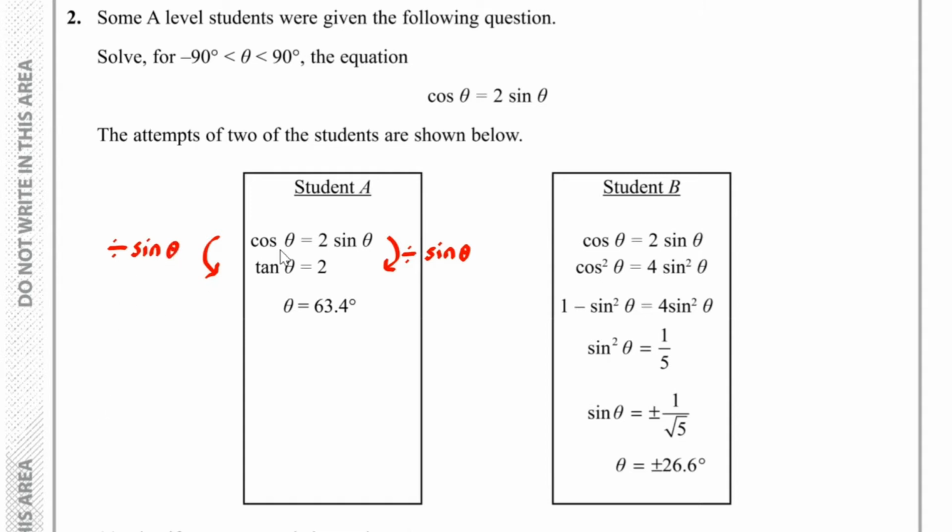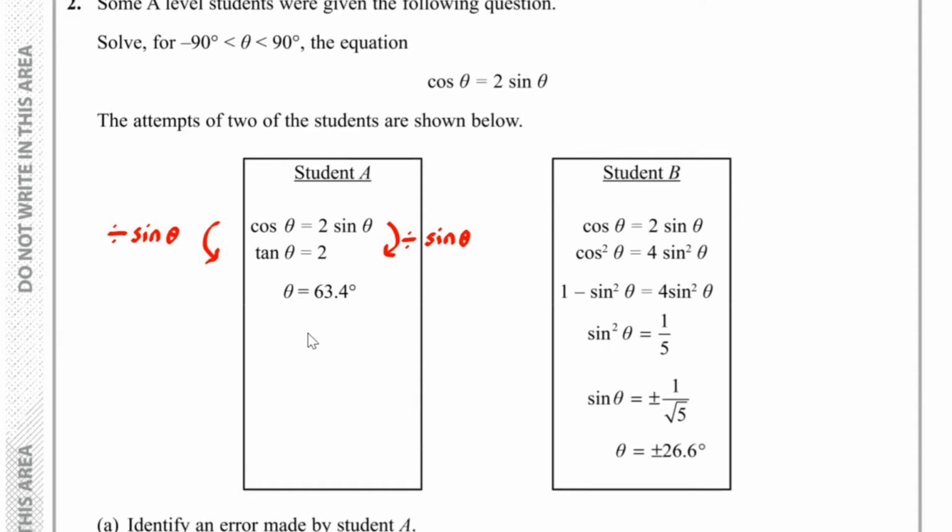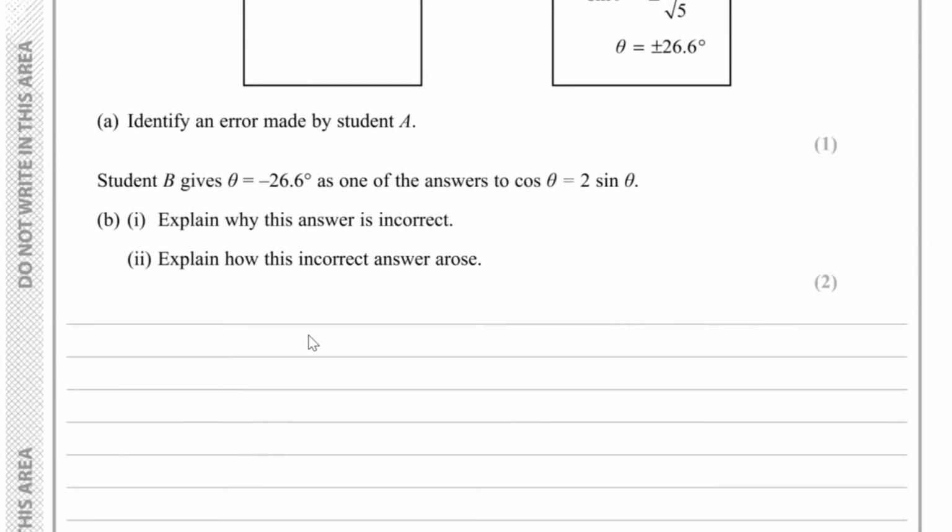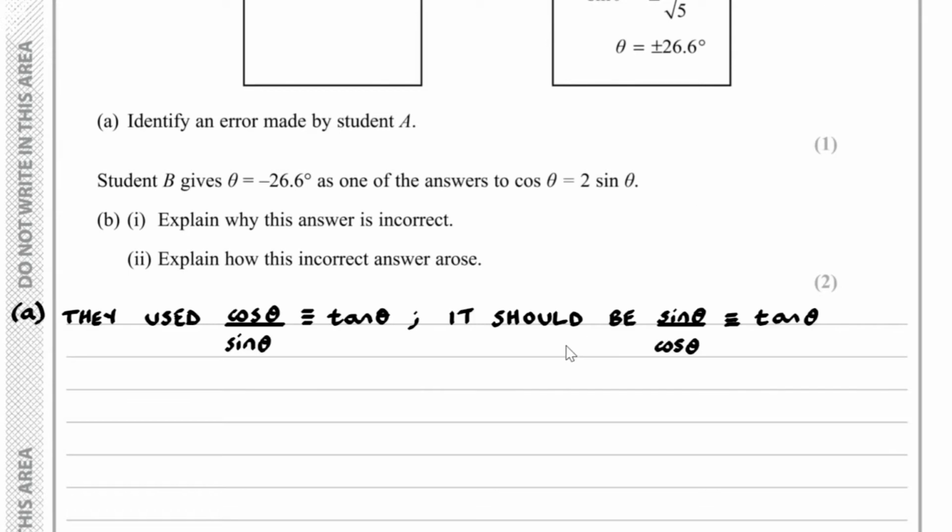But the problem is cos theta over sin theta is not tan theta. So when we come to identify the error made by student A, well, they used cos theta over sin theta being equivalent to tan theta. It should be sin theta over cos theta being equivalent to tan theta.